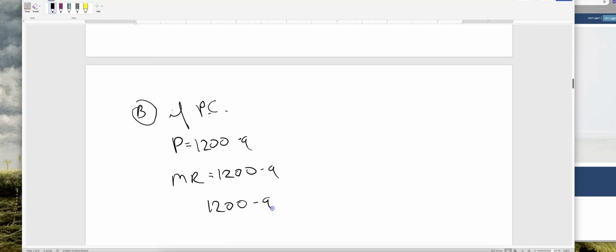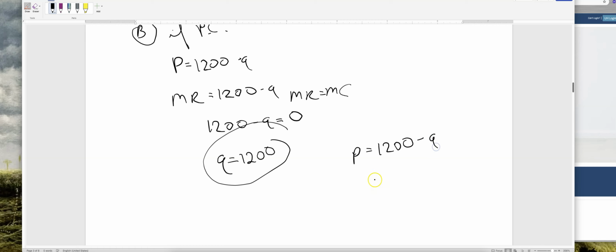So now it's going to be 1200 minus Q for MR equals MC. Is going to be 1200 minus Q equaling 0, the marginal cost. Meaning that my Q is going to be equal to 1200. And my price will be 0.